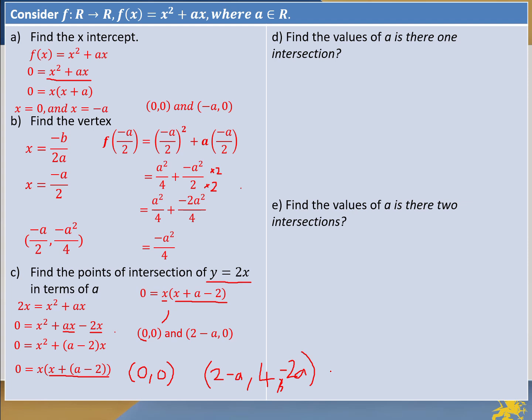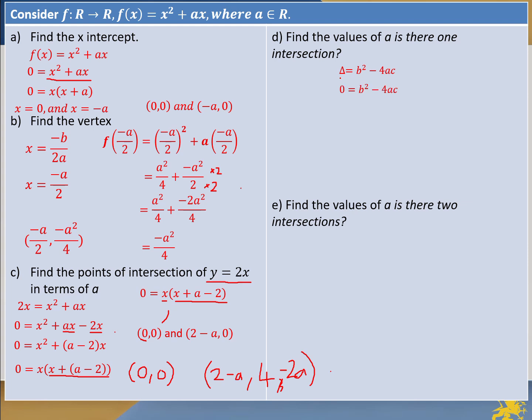Let's continue. Find the values of a. Is there one intersection? So straight away with one intersection, the first thing I need to do is use my discriminant. So we know if we're looking for one solution, it means this is going to be equal to 0.